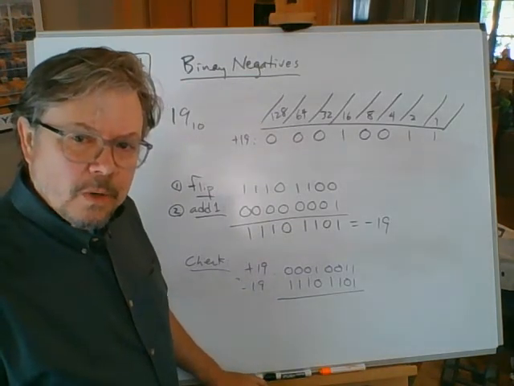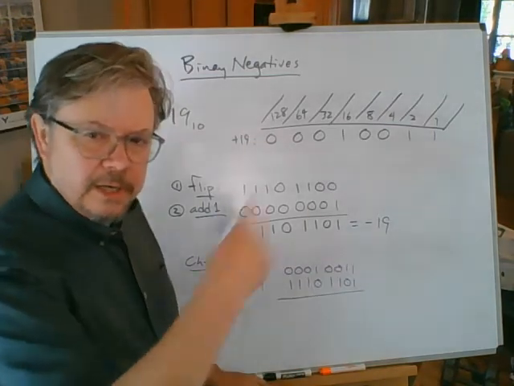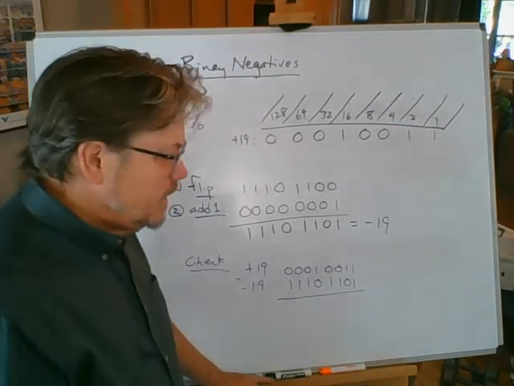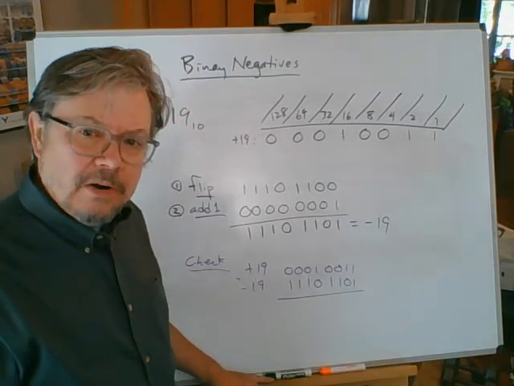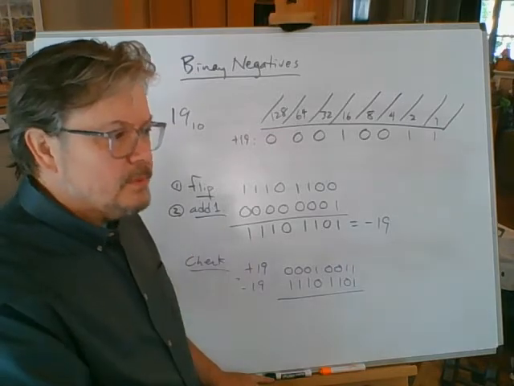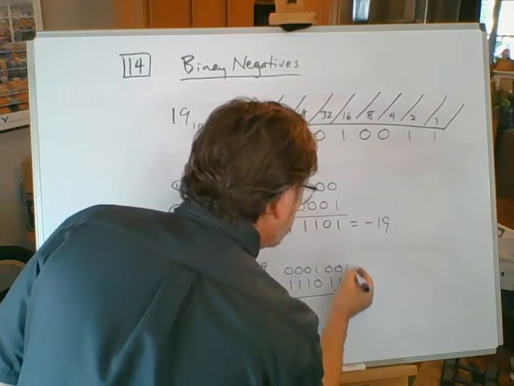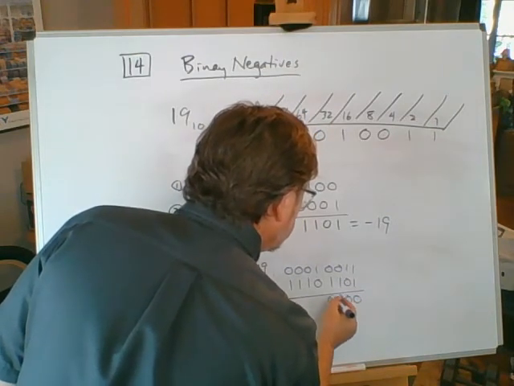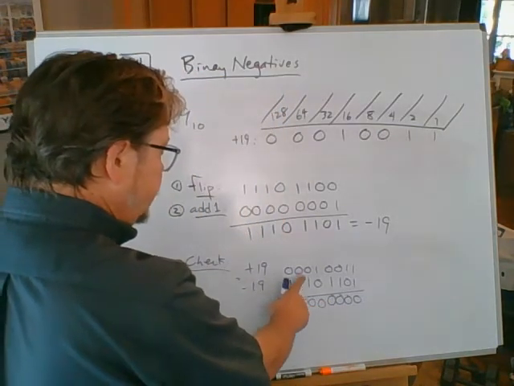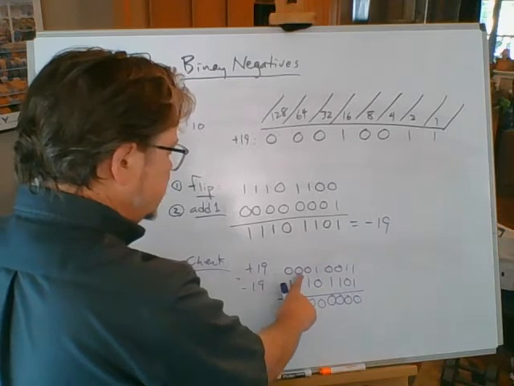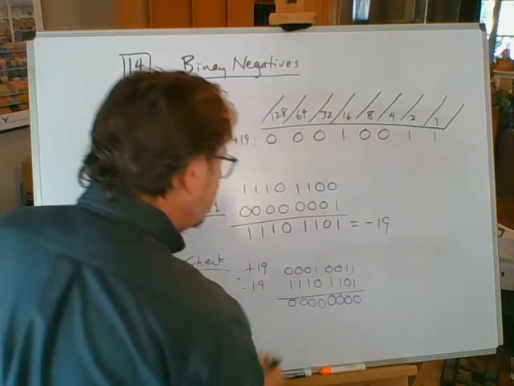Ideally, we will start up this ever popular domino effect again, and all these ones get carried and carried until one falls off the edge, meaning it's going to look like 0. We've driven our old jalopy binary car until it flipped the odometer from solid 1s to solid 0s, just with 1 more. 1 plus 1 is 0, carry a 1. 1 plus 1 is 0, carry a 1. I'll do this last column a little more deliberately. 1 plus 1, there was a carry in of 1 you didn't see there. 1 plus 1 is 0, carry a 1.